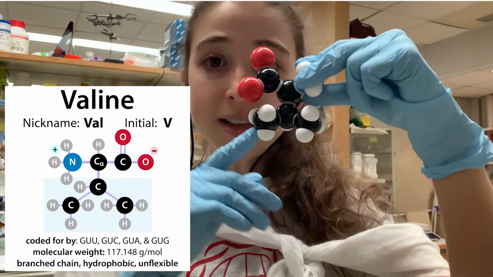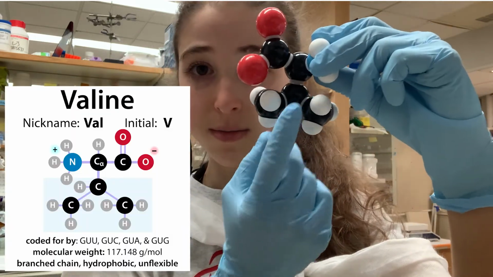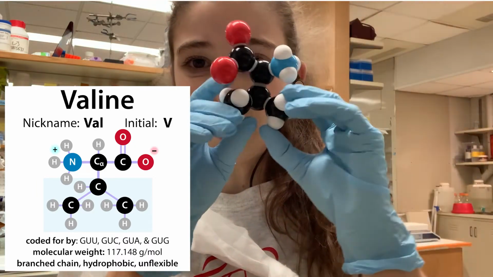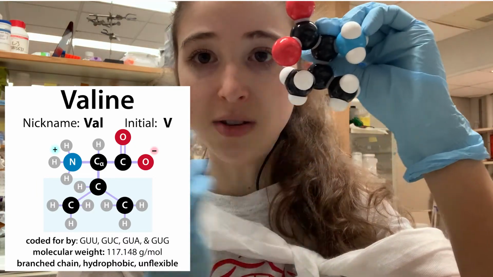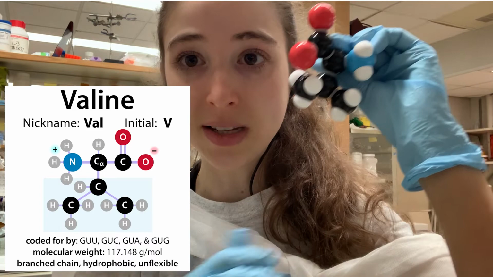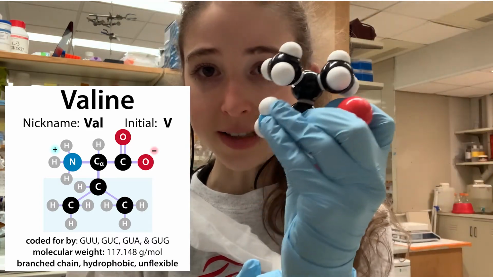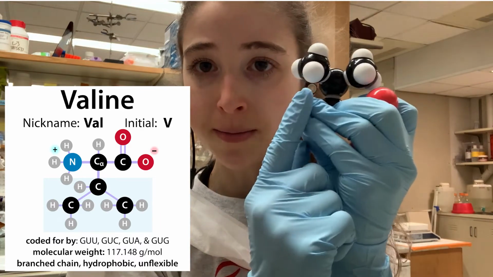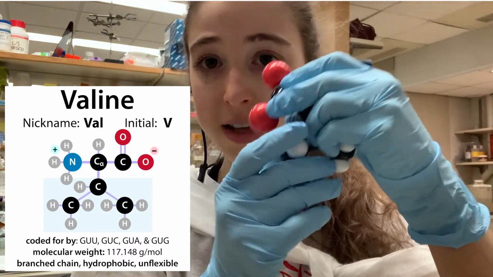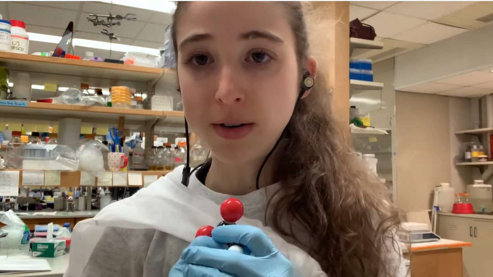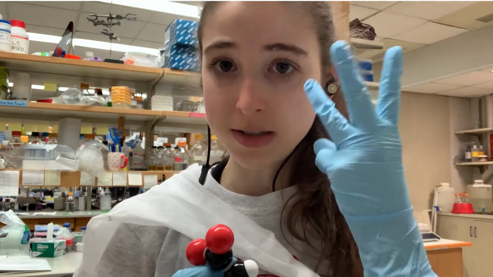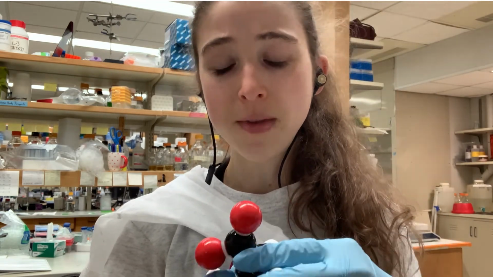So valine, its side group is CH2, CH3, CH3. Basically you add on 3 carbons, then you add on hydrogens to fill the space. You can remember valine is like a V, so it's V shaped. Its one letter abbreviation is V, three letters is VAL, so val.